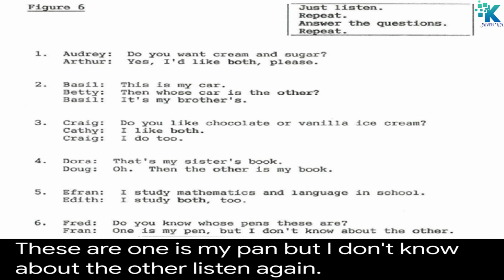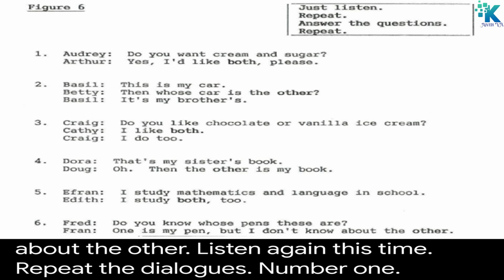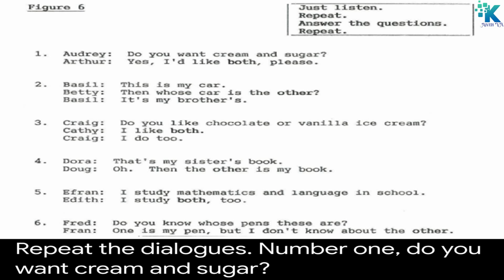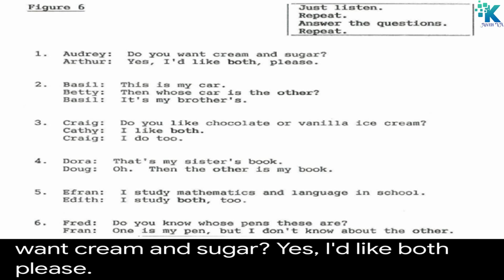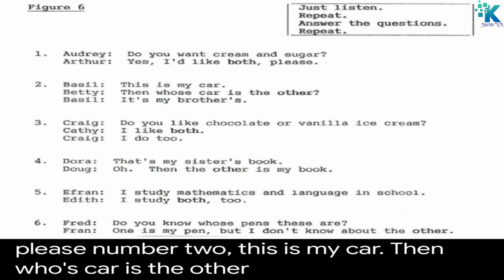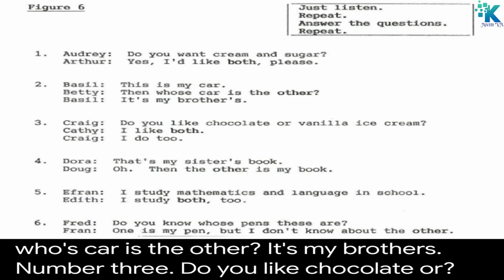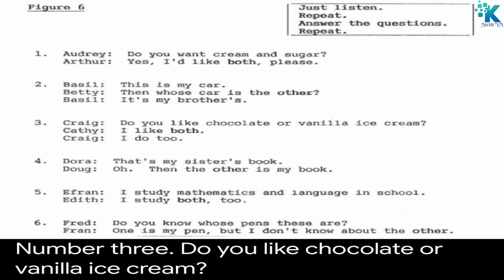Listen again. This time, Repeat the dialogues. Number 1. Do you want cream and sugar? Yes, I'd like both, please. Number 2. This is my car. Then whose car is the other? It's my brother's. Number 3. Do you like chocolate or vanilla ice cream? I like both.